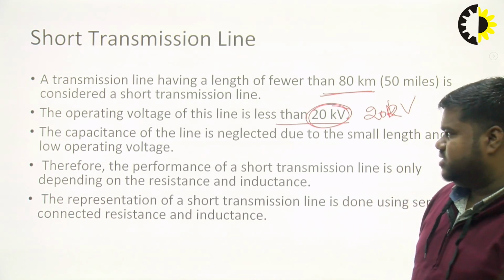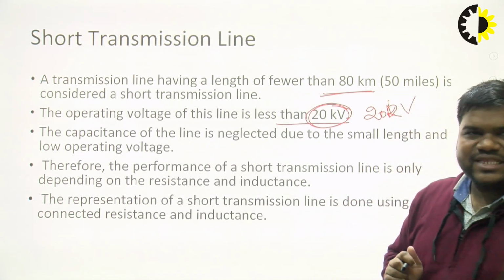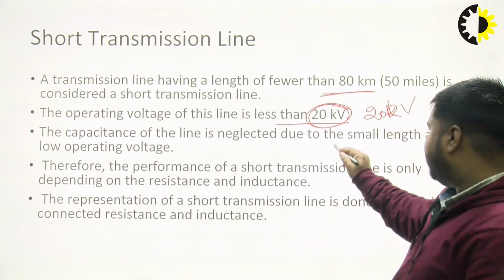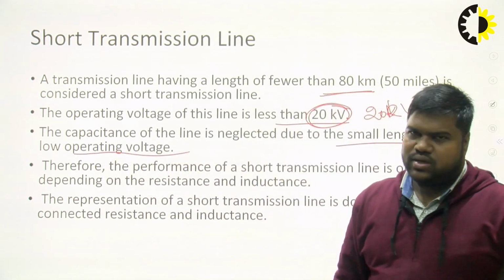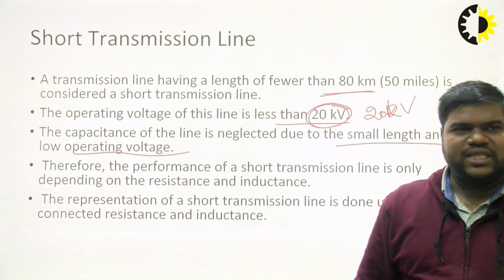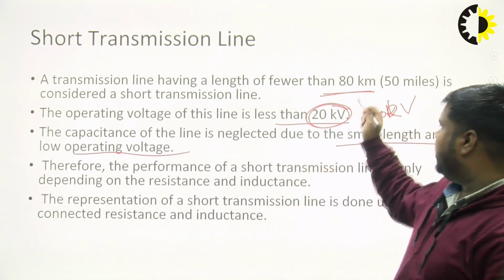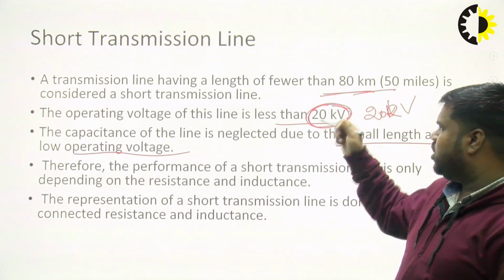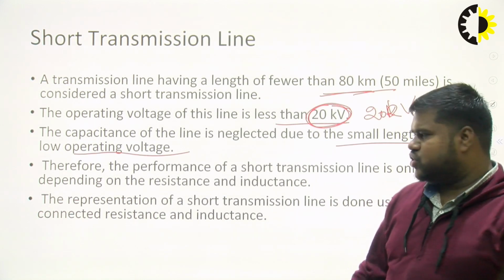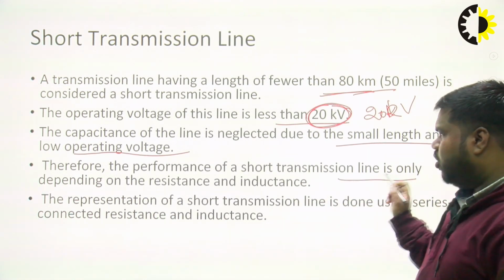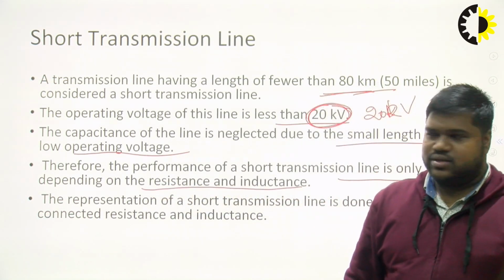The capacitance of the line is neglected due to the small length and low operating voltage. Therefore, the performance of a short transmission line depends only upon the resistance and the inductance.